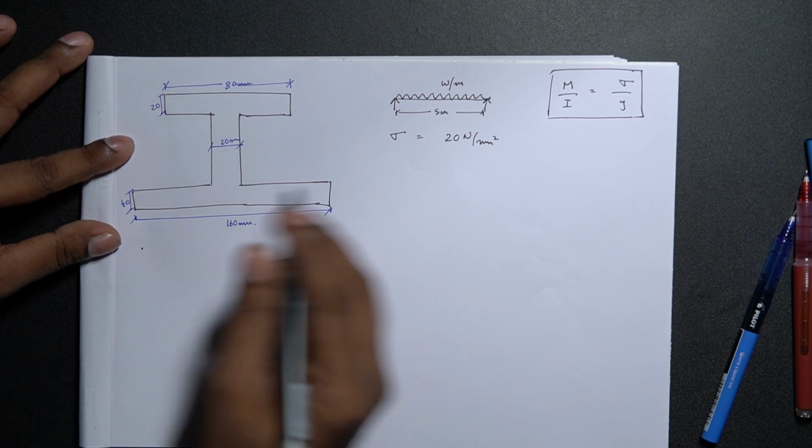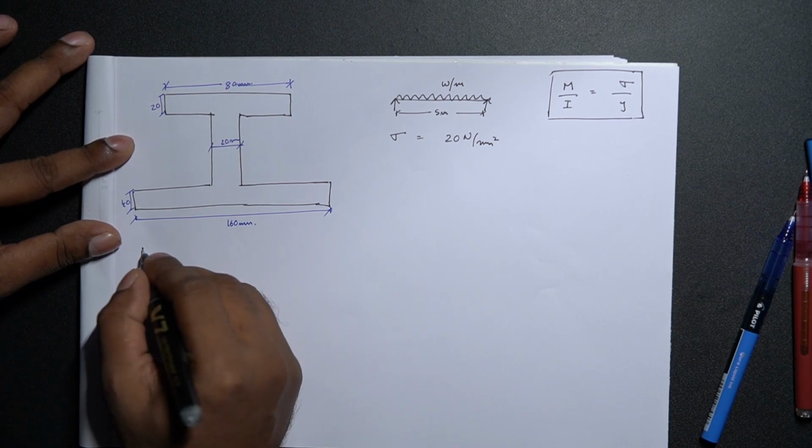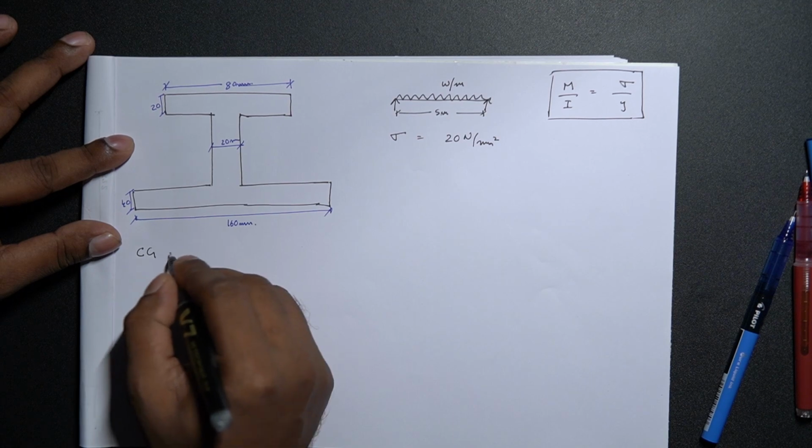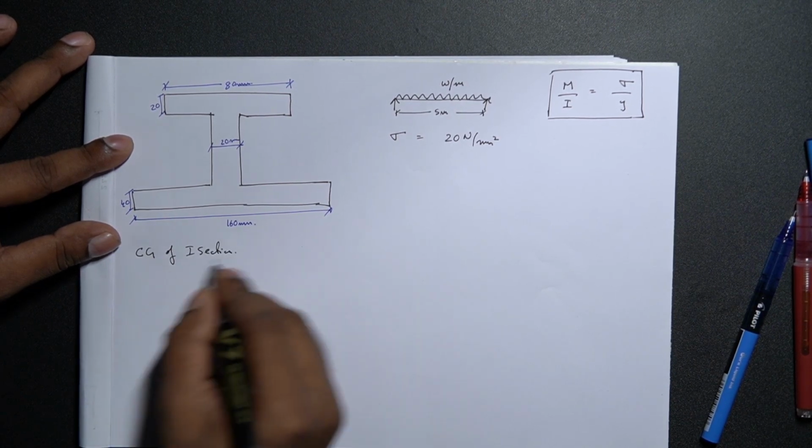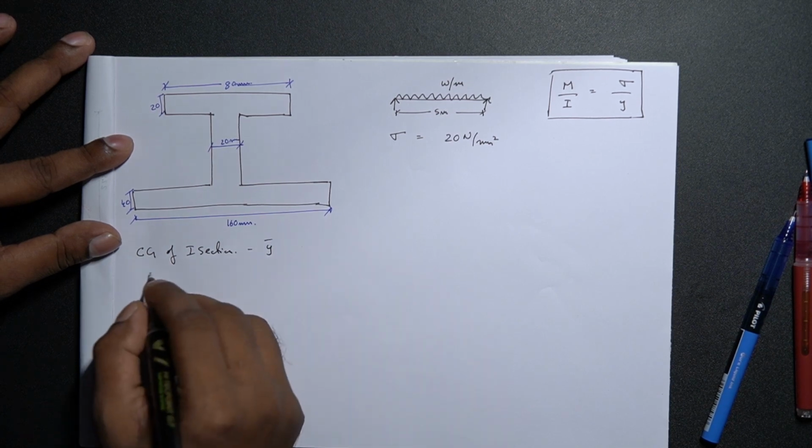In order to calculate I, we need the center of gravity, Cg, of the I section. Let us call that y bar here.